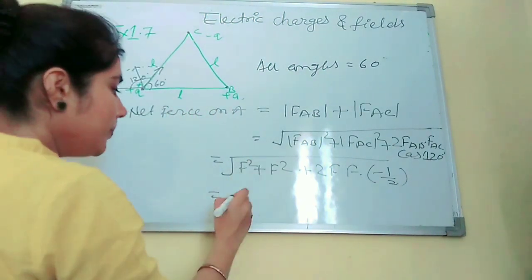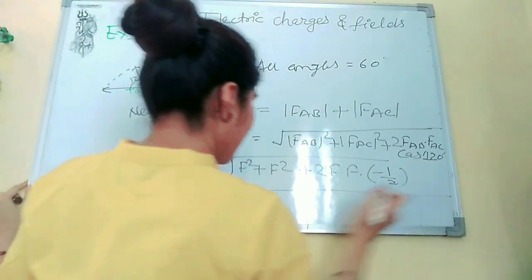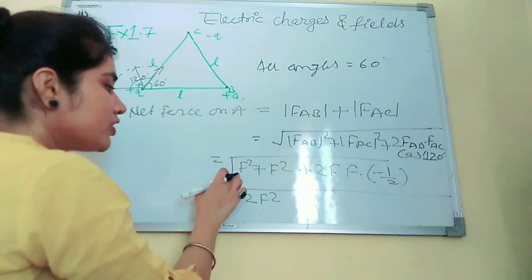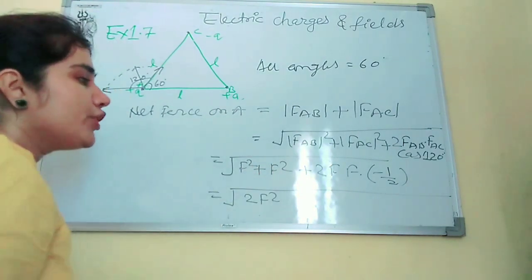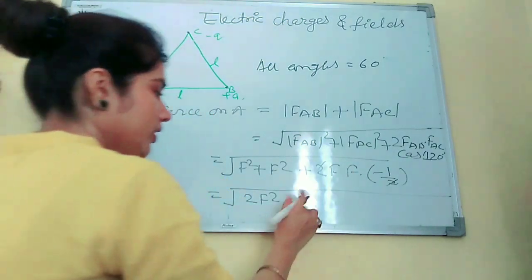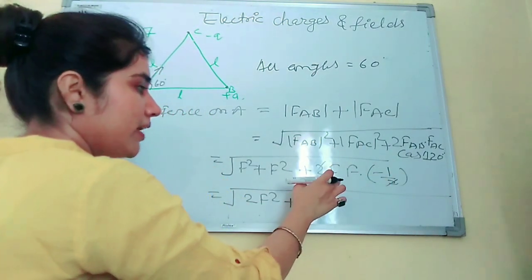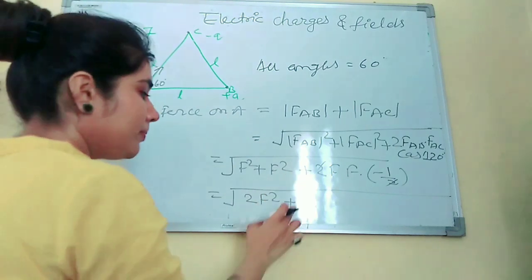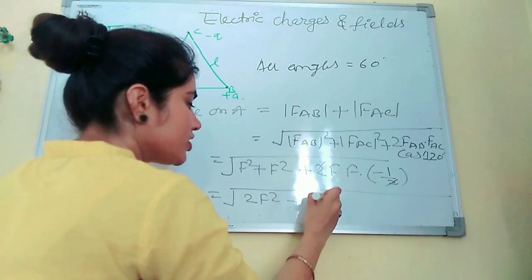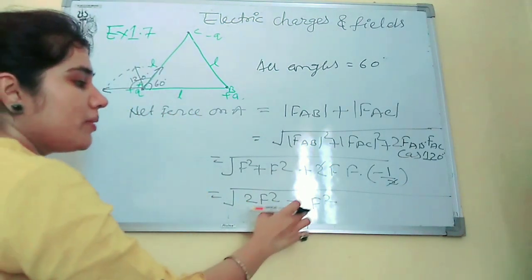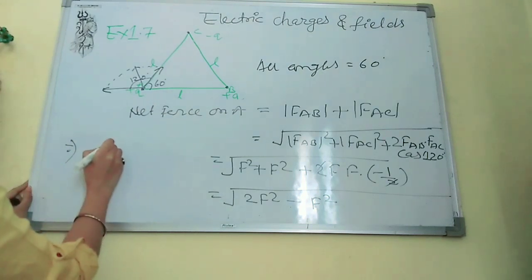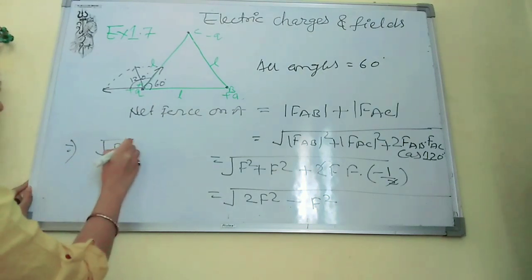So this will become 2F square: 1F square plus 1F square will be 2F square, plus this 2 and 2 will be cancelled out, and this minus will multiply with this and will become minus F square. 2F square minus F square will be F square.